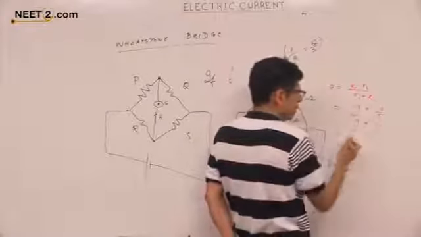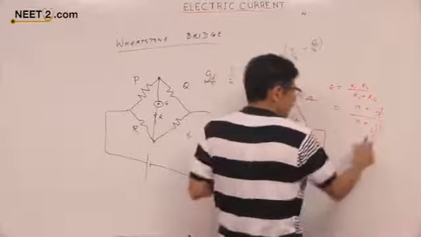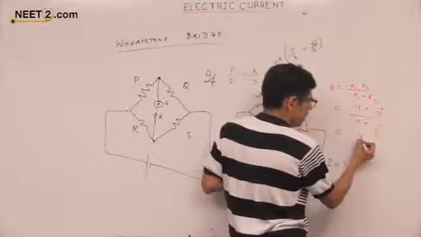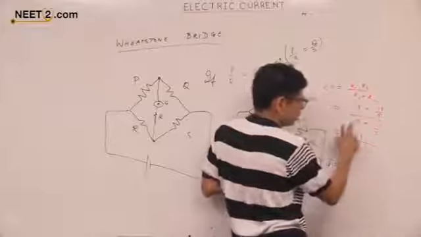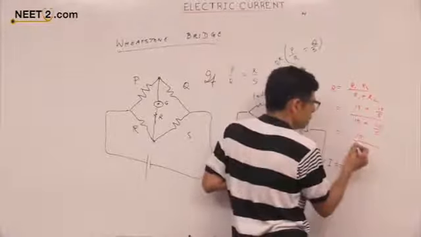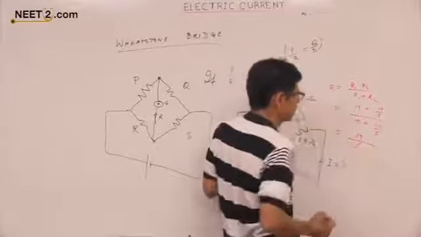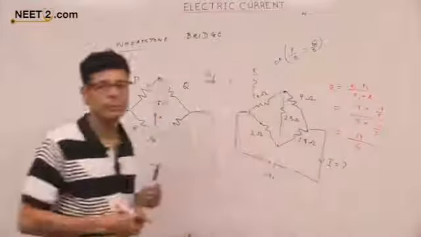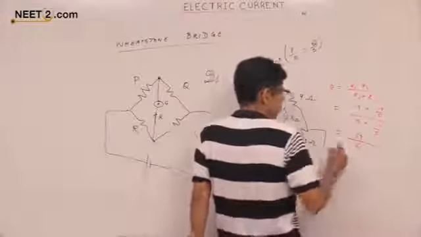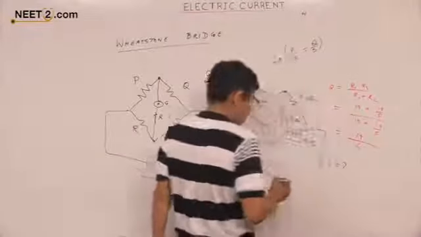19 cancels in the numerator and denominator. This 5 would also cancel. So in the numerator, I am left with 19. In the denominator, after cancellation, I am left with 6. So that's the resistance.